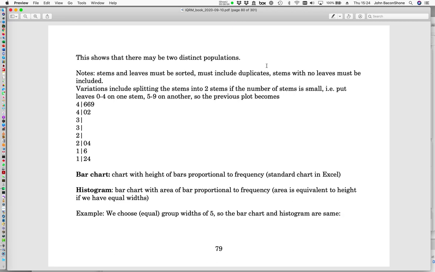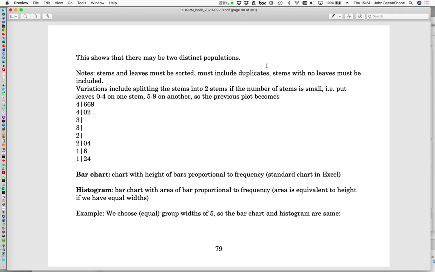So that means a bar chart and a histogram are equivalent if we have equal widths. But if you merge some of the groups, then clearly there will be a difference between a histogram and a bar chart. So from a statistical point of view, a histogram is what we want. We want the area of the bar proportional to the frequency.